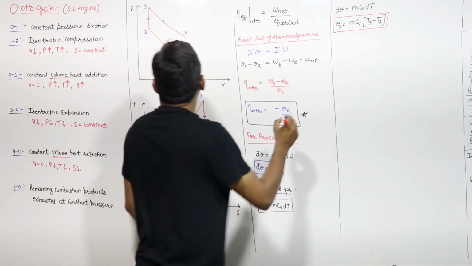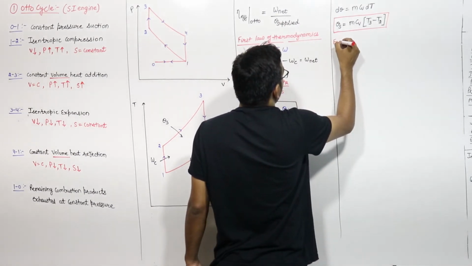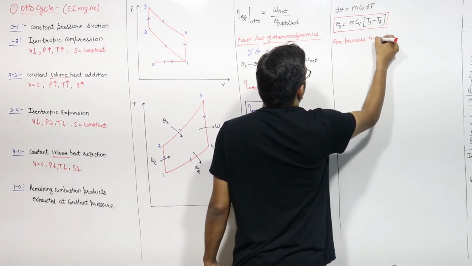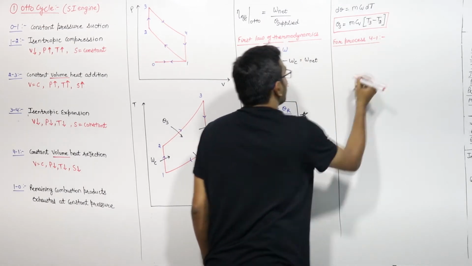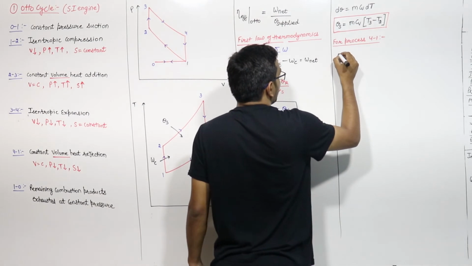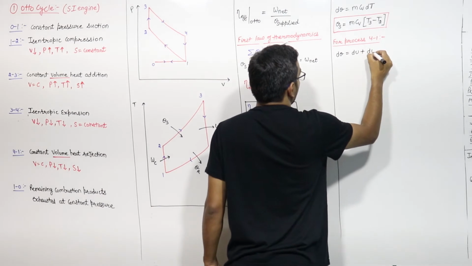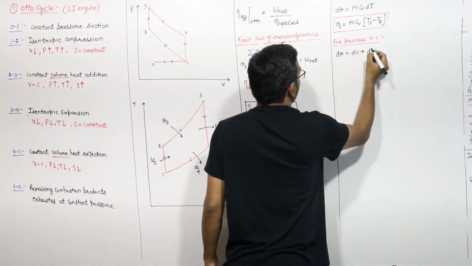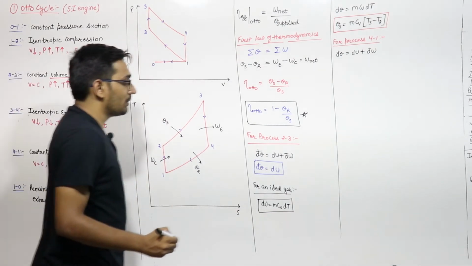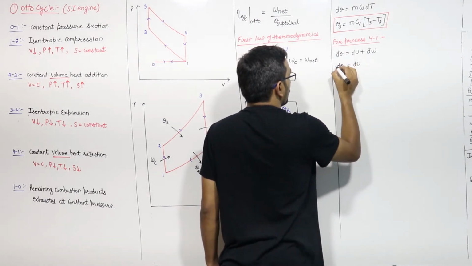Now, for the heat rejected for the process 4-1, we can write the first law of thermodynamics like this: dQ is equal to dU plus dW. And this is a constant volume process, so dW will be 0. So from here you can write that dQ will be equal to dU.